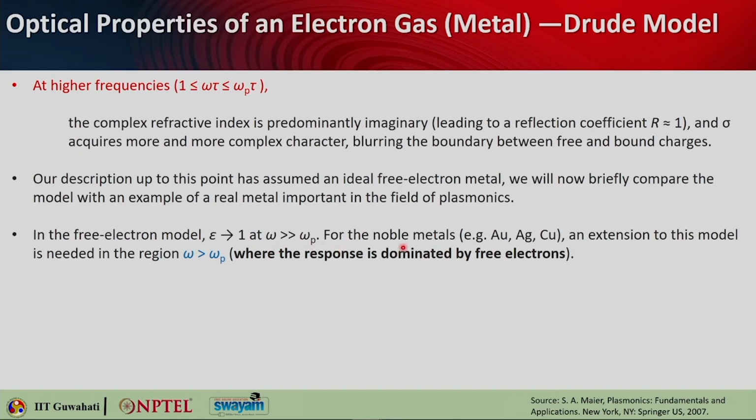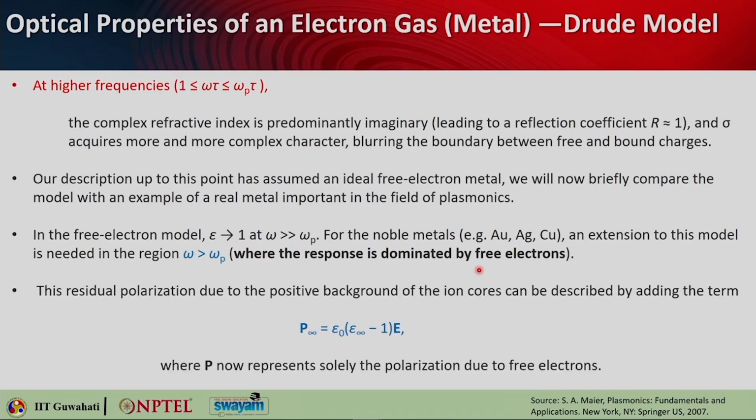So you can take noble metals like gold, silver, copper. An extension to this model is needed in the region when omega is greater than omega p. This is the region where the response is mainly dominated by the free electrons.